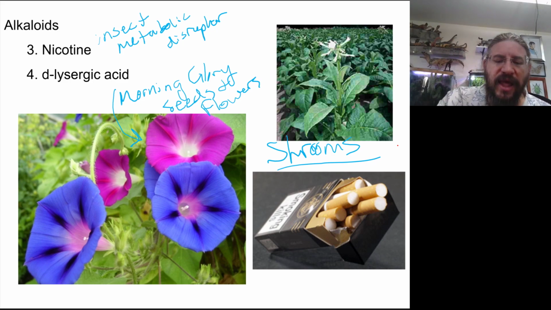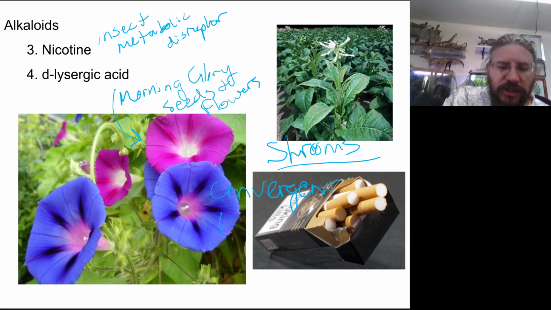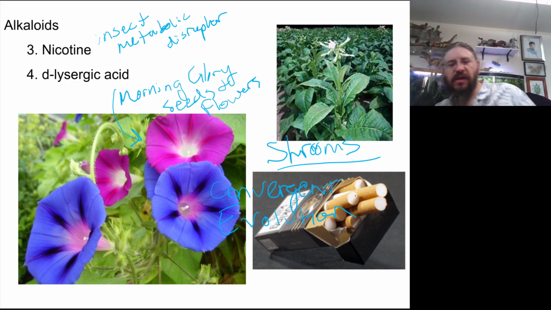So this is another example of when a similar evolutionary solution, a similar evolutionary adaptation develops in very different lineages. Convergent evolution. Morning glories and the fungus among us. So that's pretty cool.